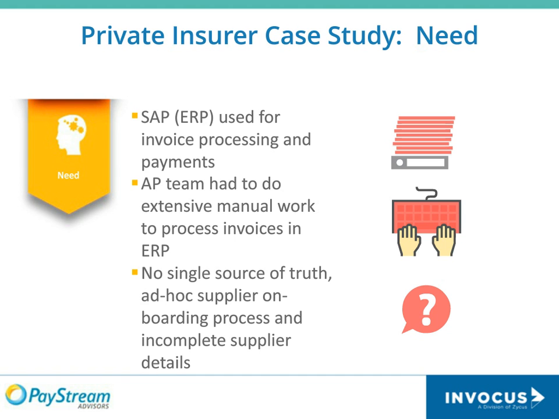And they found that their supplier onboarding process was very ad hoc and inconsistent, and they were not able to capture consistently complete and detailed information about the suppliers themselves, meaning that in their supplier master there was no single version of truth to really understand who the supplier is and make sure that they were up to date on all the documentation that they needed to be able to carry on that business relationship and complete the invoice approval and payment cycle.